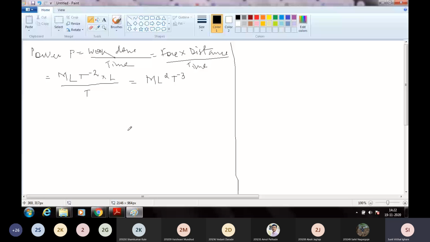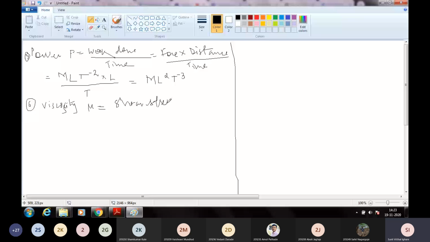The next is the sixth quantity, that is viscosity. Okay, so viscosity, we are representing it by mu, that is equal to shear stress divided by shear strain.